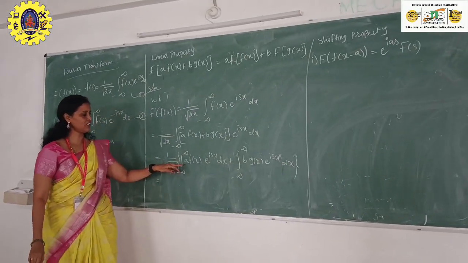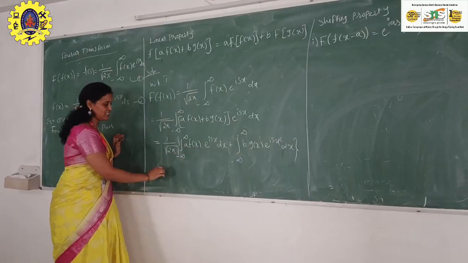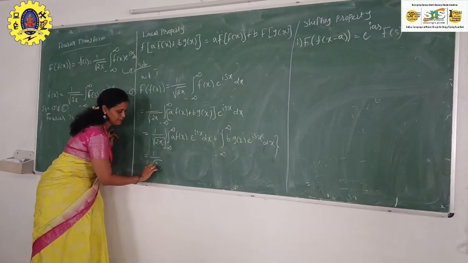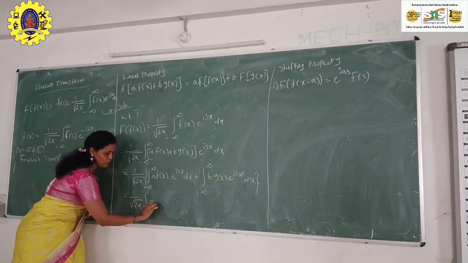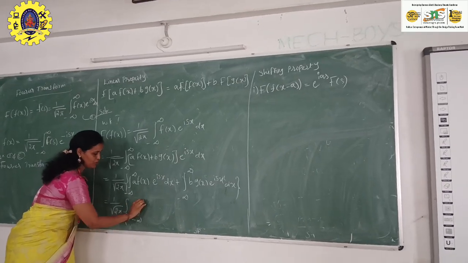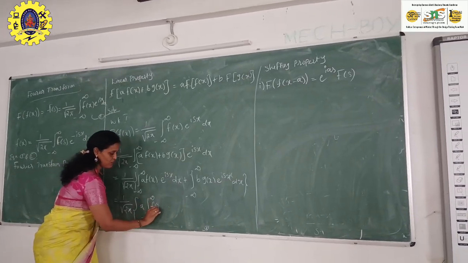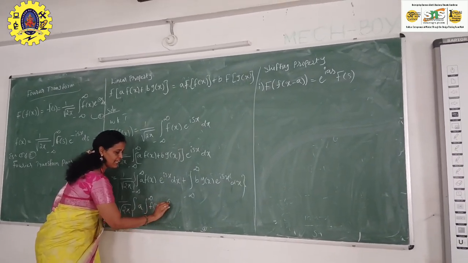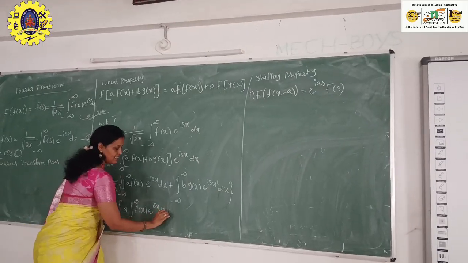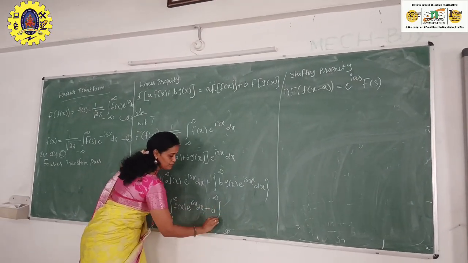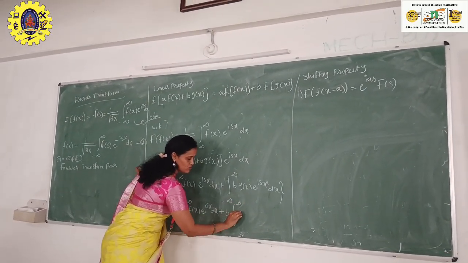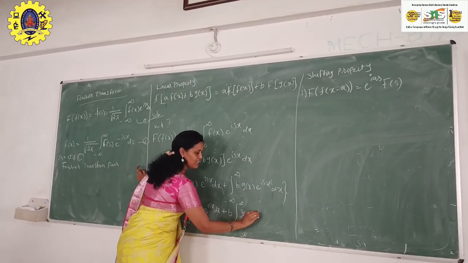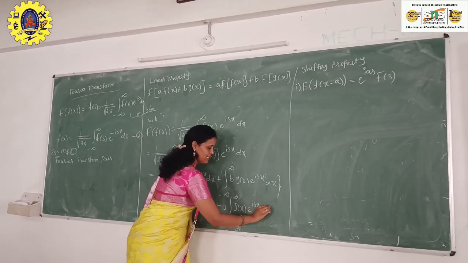Next, take the constant terms outside the integration. We get a times the integral of f(x) e^(isx) dx, and here take b outside, times the integral of g(x) e^(isx) dx.